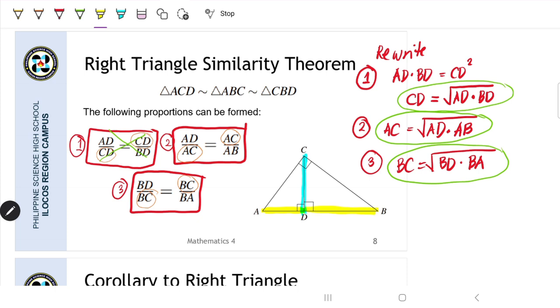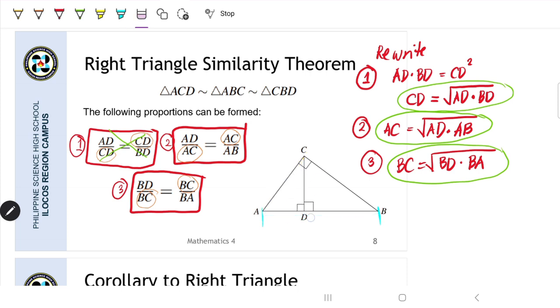And for number 2, AC, which is a leg of the biggest triangle, is equal to the square root of the product of AD and the entire hypotenuse AB.